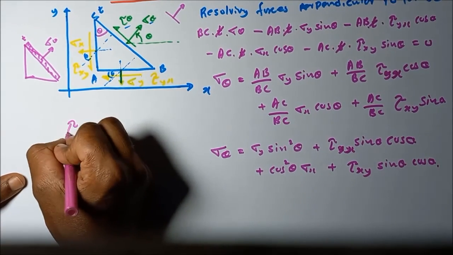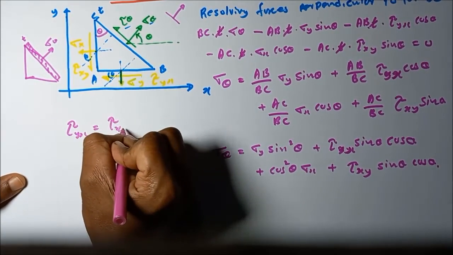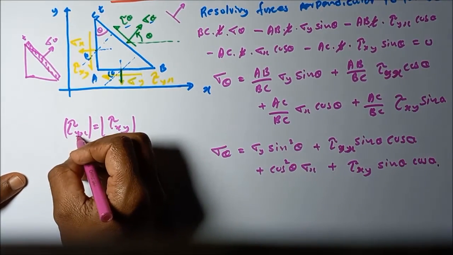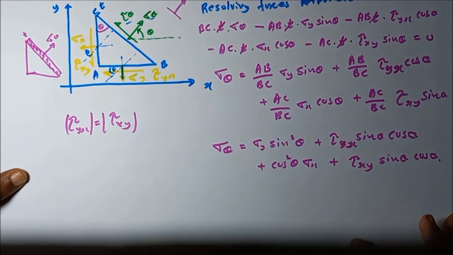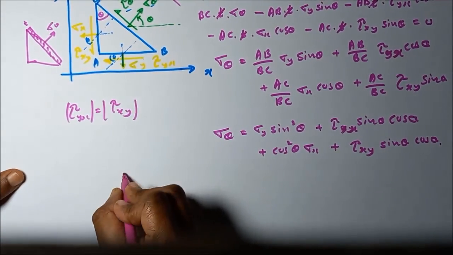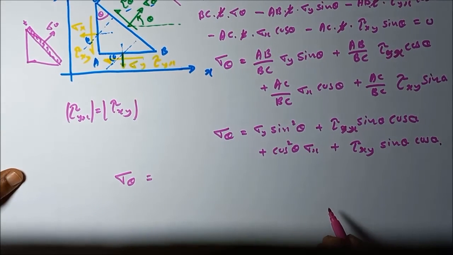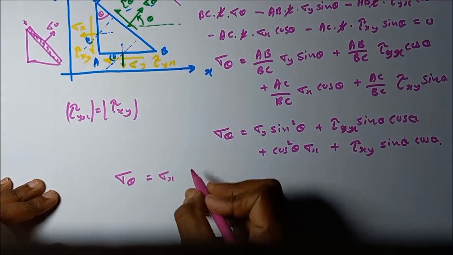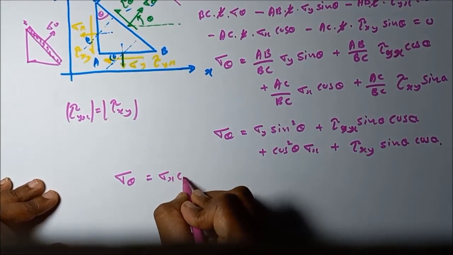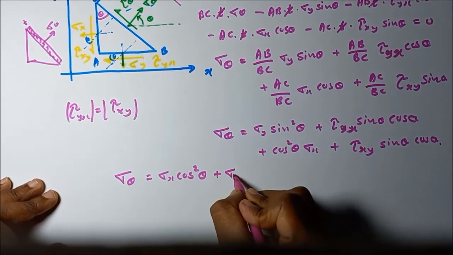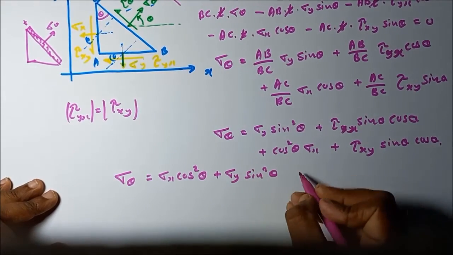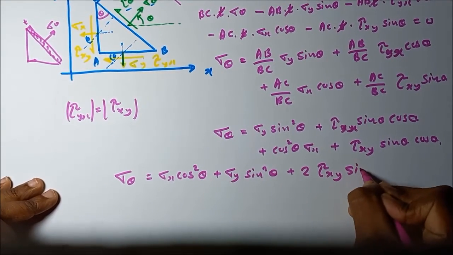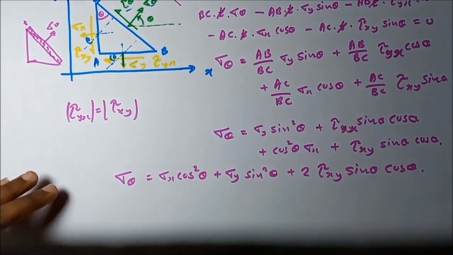Here you can see the tau yx is equal to tau xy in magnitude. So instead of tau yx, I am going to put tau xy. Within this equation, sigma theta we can write sigma x cos square theta plus sigma y sin square theta plus 2 tau xy sin theta cos theta.